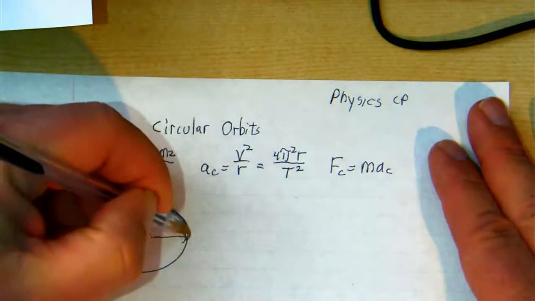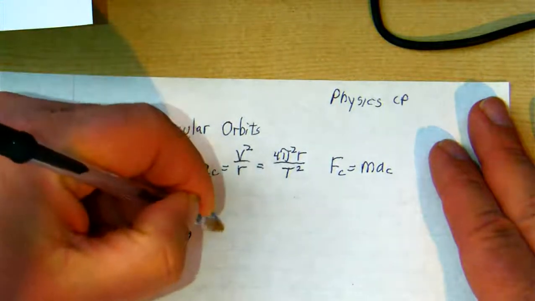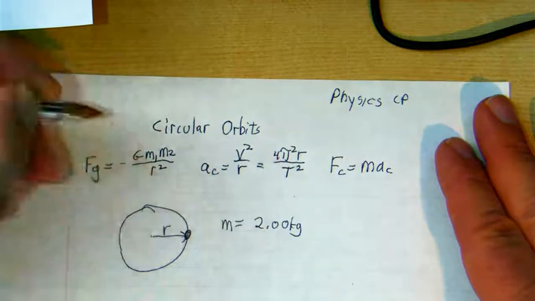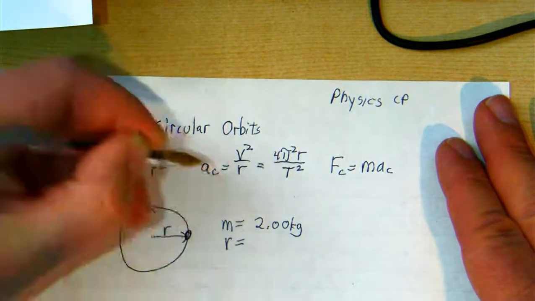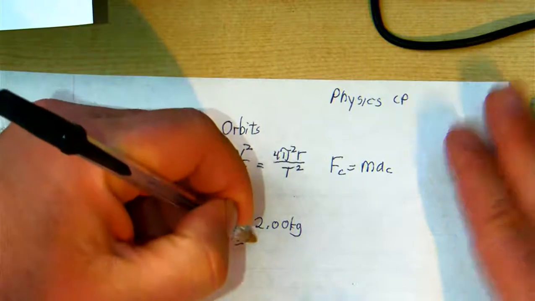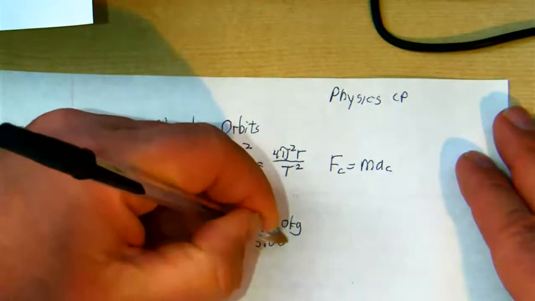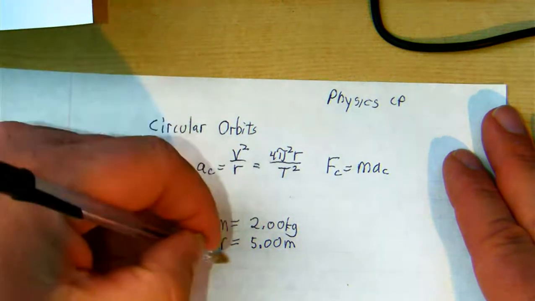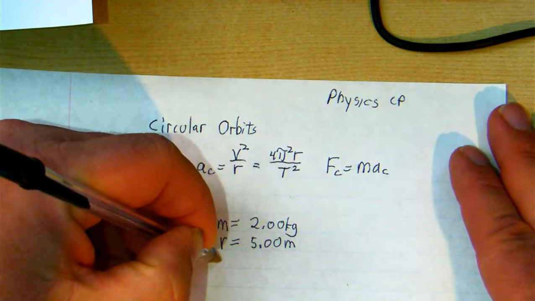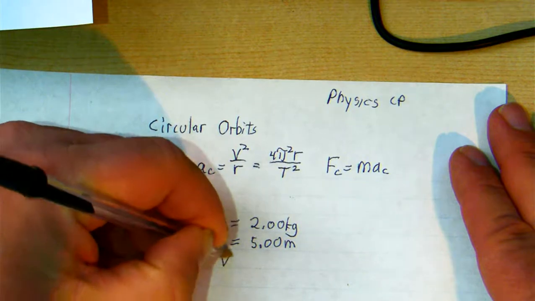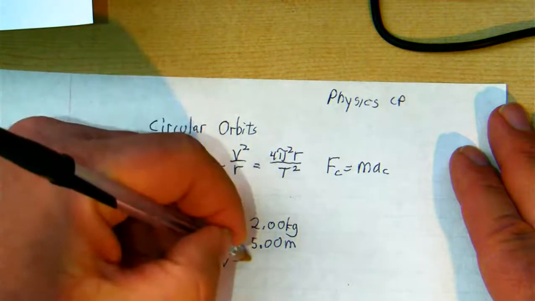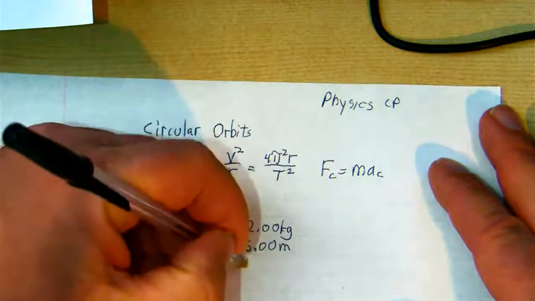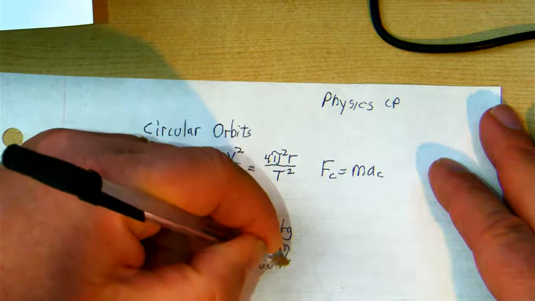So I guess as a warm up, I have a mass, and this mass is 2 kilograms, and it's at the end of a string, and the string has a radius of 5 meters, and it's traveling at a speed of, how about 4 meters per second.